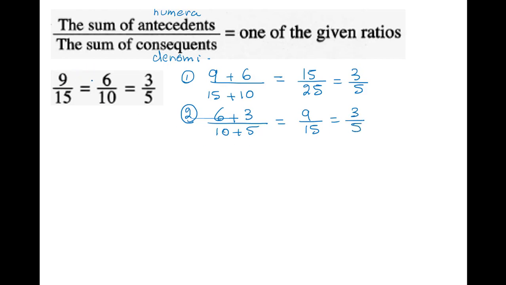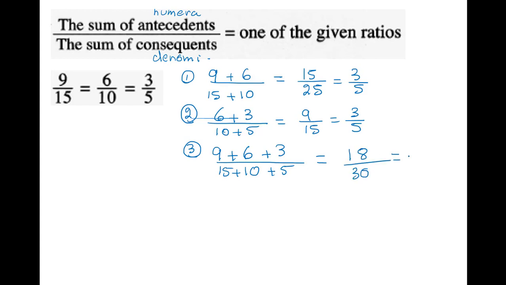And if I add the 3 terms together, it will give me still the same ratio. Then 9 plus 6 plus 3 over 15 plus 10 plus 5 will give me 18 over 30, which is equal to 3 over 5.